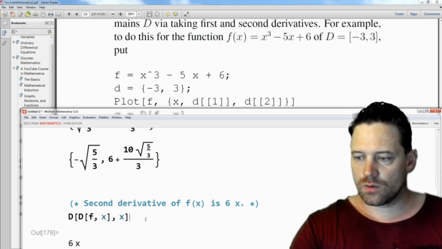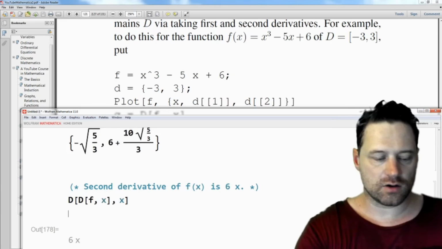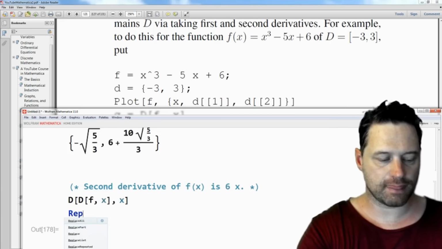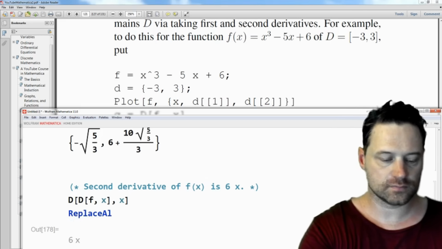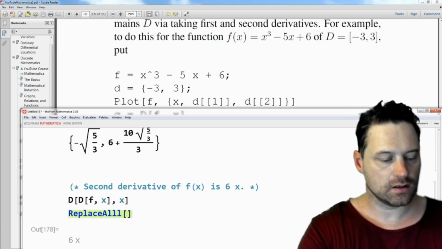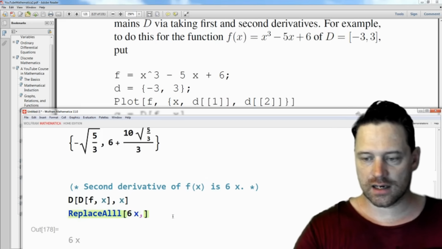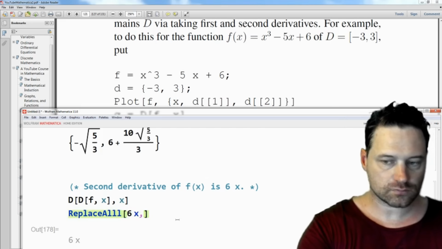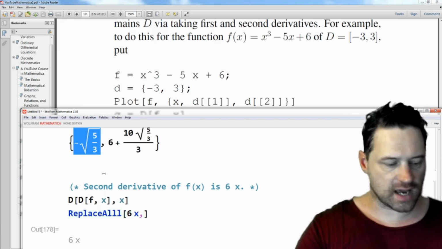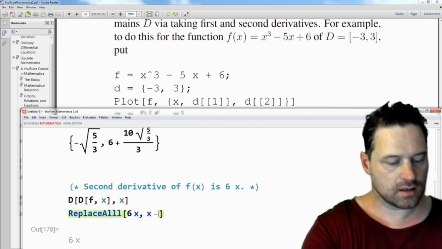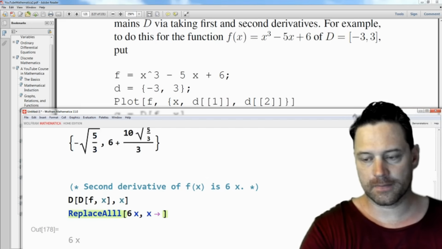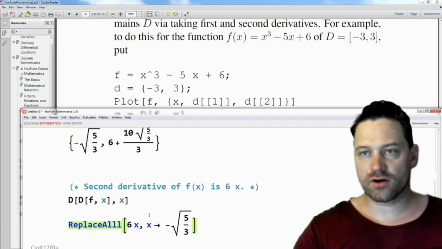Okay, so now I'll just say replace all 6x, and first of all, let's look at replacing the x with minus the square root of 5/3.